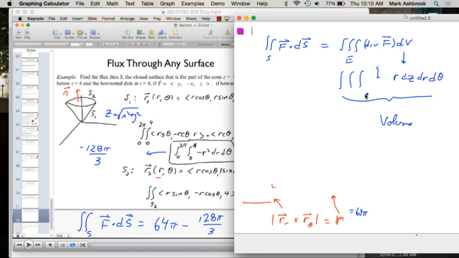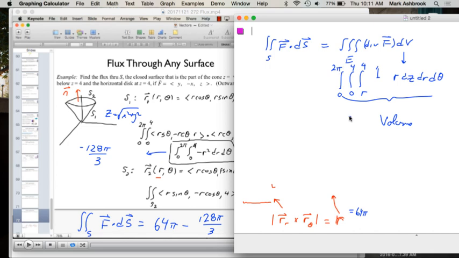So z goes from square root of x squared plus y squared, which is r, up to 4. And then we're going to do dr d theta, which is the projection of this thing into the xy plane, where r goes from 0 to 4, theta from 0 to 2 pi.